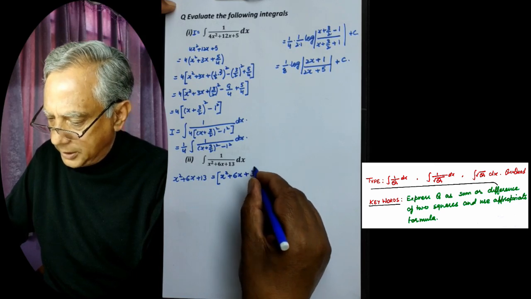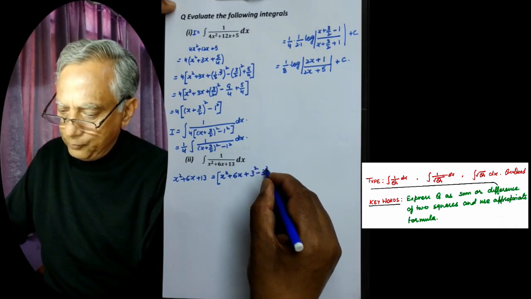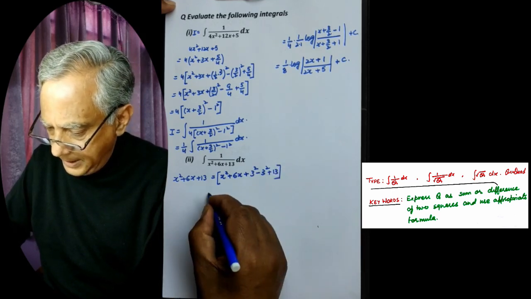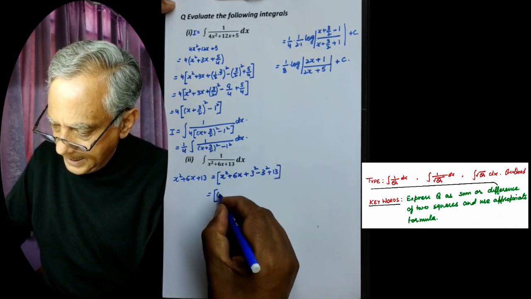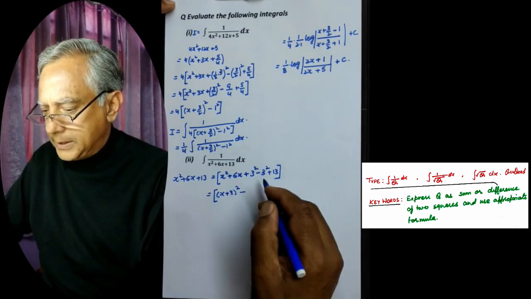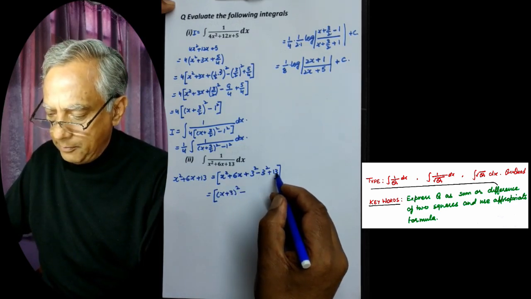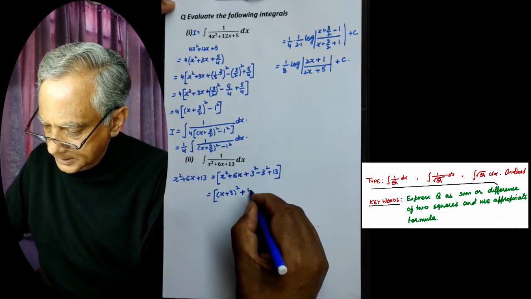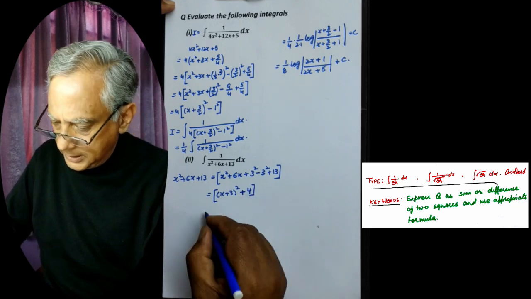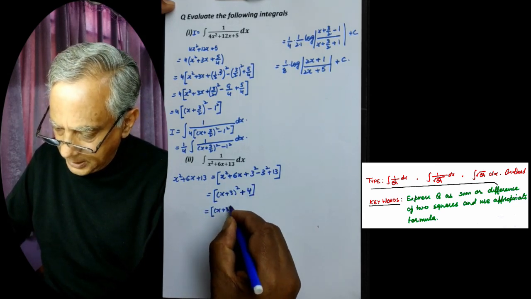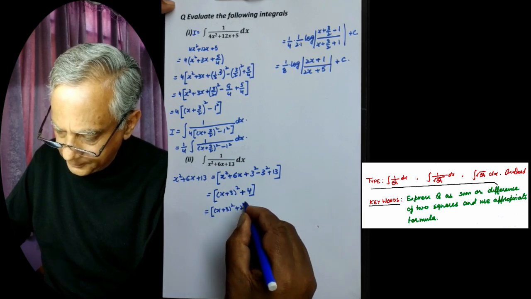So we will add 3 square and subtract 3 square plus 13. So this will be x plus 3 whole square. This is 9. Minus 9 plus 13 is 4. So this will be plus 4. So this can be written as x plus 3 whole square plus 2 square.